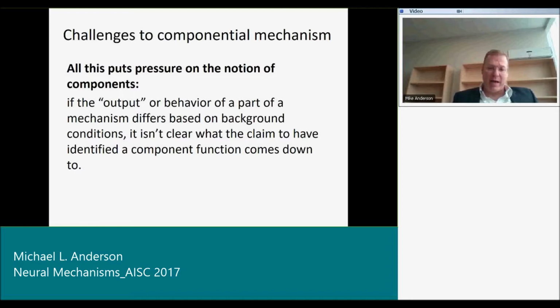So if the input-output mapping is unstable in this way, or depends, as I say, on what the background conditions are, it's not clear to me what the claim to identify a component comes down to. What's a component function under these circumstances?